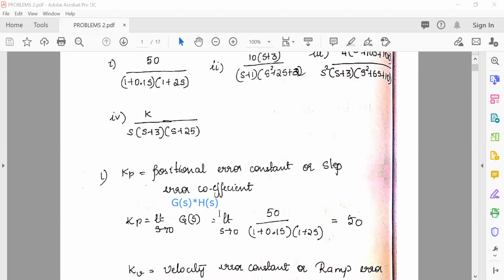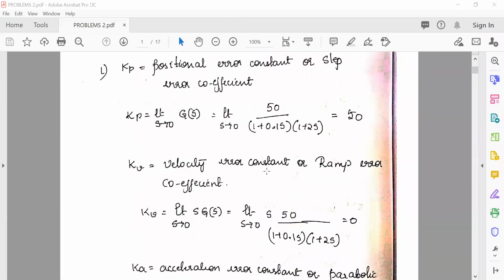So that value will be limit s tends to 0 of 50 divided by (1 plus 0.1 s) into (1 plus 2 s). Substituting s as 0, these terms become 0, so you are left with 50.